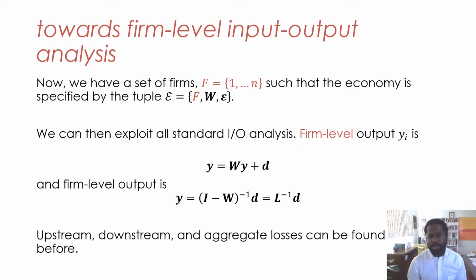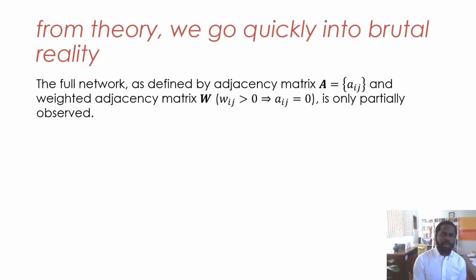That's also a much larger matrix, and using our inverse Leontief and so on, we can calculate upstream, downstream, and aggregate losses the same way that we did leading into those previous charts on the past few slides. So all of that is very clean as we just substitute in for previous work and say that instead of sectors, it's firms. Now, the problem comes from reality.